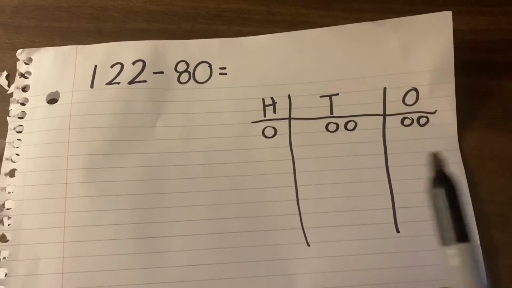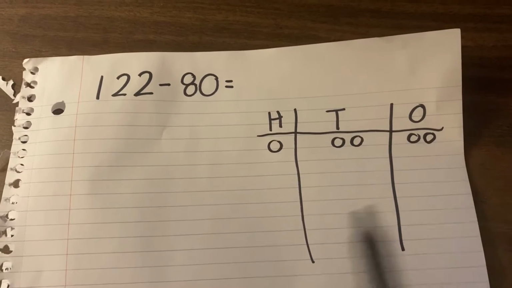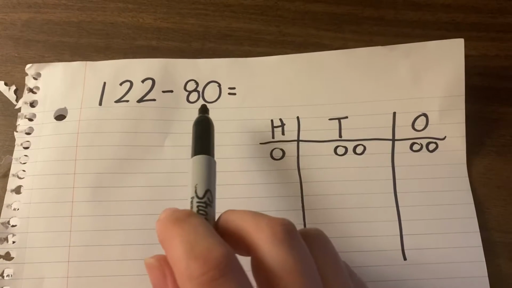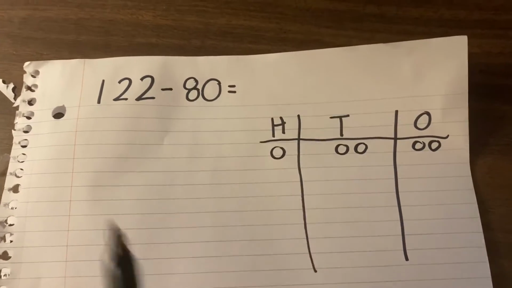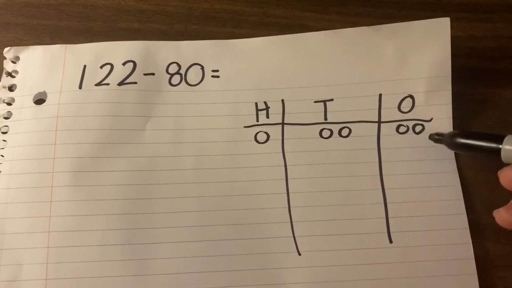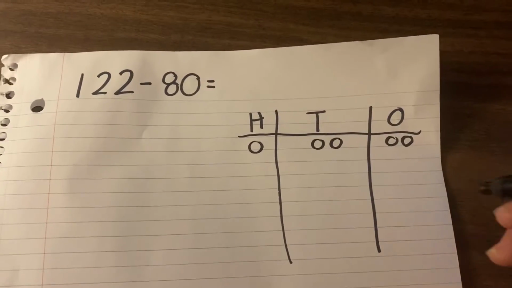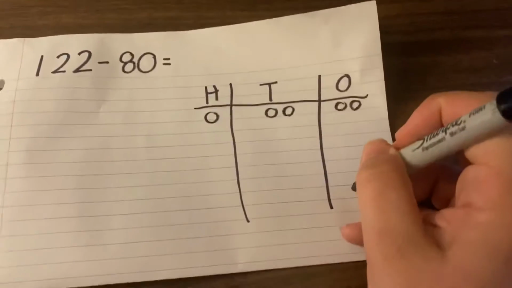So now we can start subtracting. We always start subtracting from the ones place, right? So the ones that I am subtracting is 0. Can I take away 0 ones from 2 ones? Yeah, I can. And look, we've already done it. We don't really have to change anything since we're subtracting 0. So our answer here is 2.